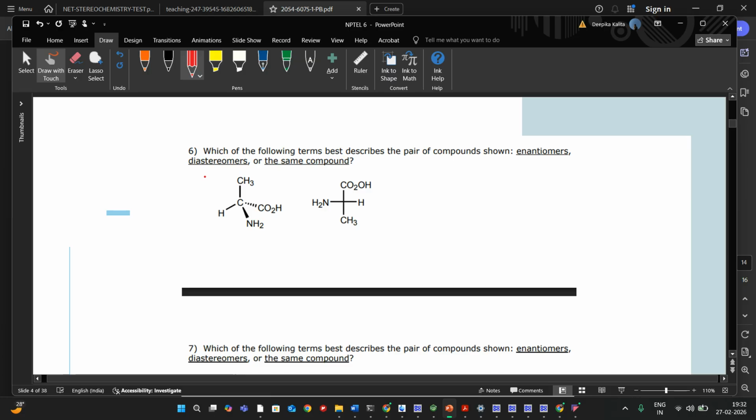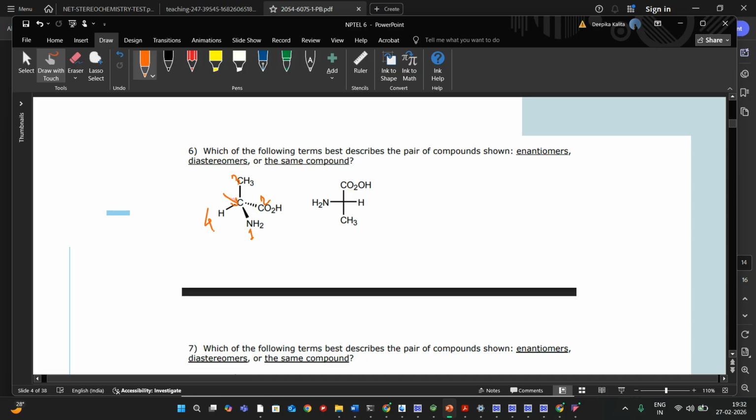Okay, so in the first molecule, if you look at this carbon center, it is the asymmetric carbon. So let us try to assign the absolute configuration to this particular carbon. This will get priority 1, this will get priority 2, this will get the third, and this will get 4.